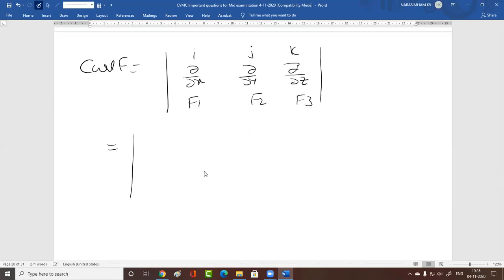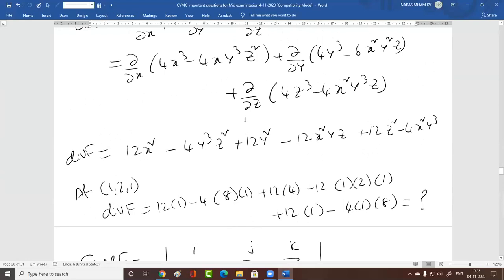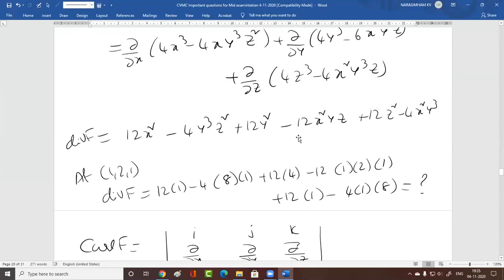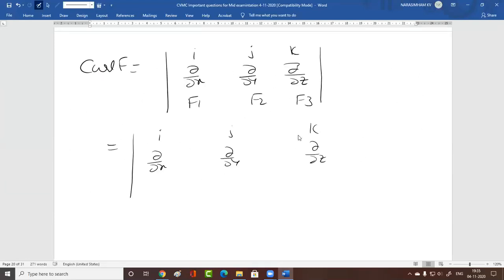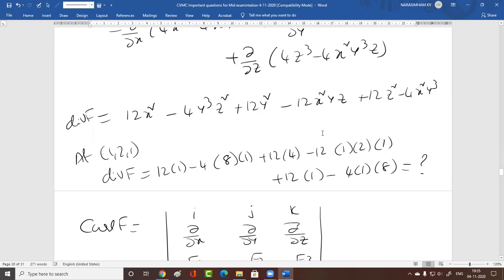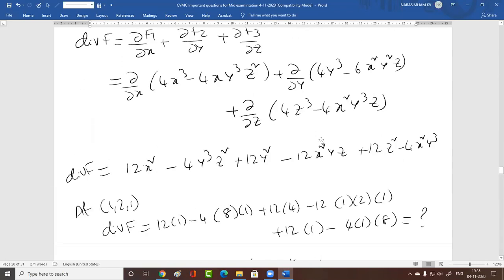I will take a bigger one: i, j, k, dou by dou x, dou by dou y, dou by dou z. So the F1 term is 4x cube minus 4xy cube z square.